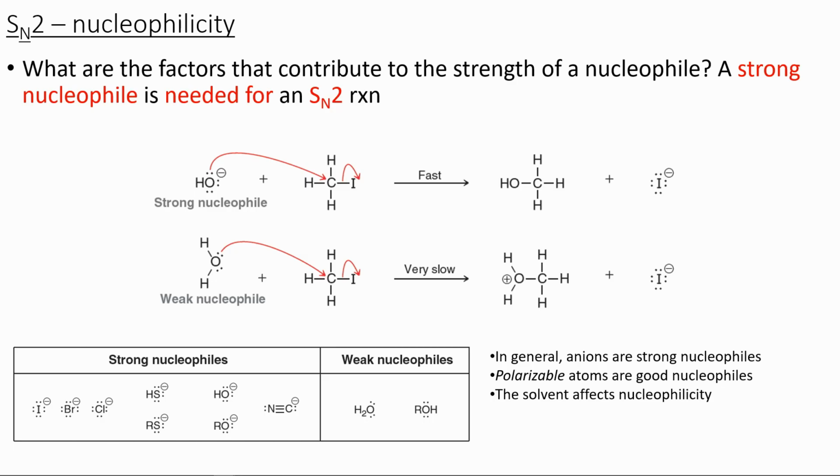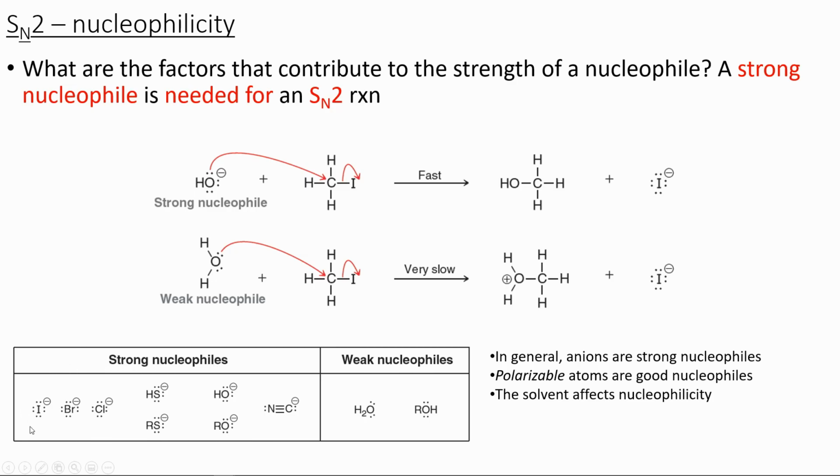There are several other factors that we need to take into account when we're looking at SN2 reactions. Each player of the SN2 reaction, whether it be the nucleophile, the solvent, the leaving group, or the substitution of the substrate, is going to affect the reaction differently. In general, we have anions that are often strong nucleophiles.